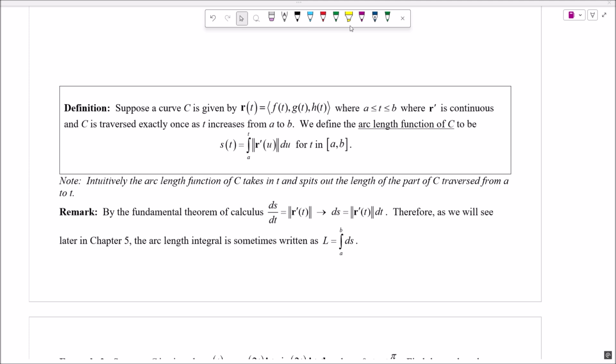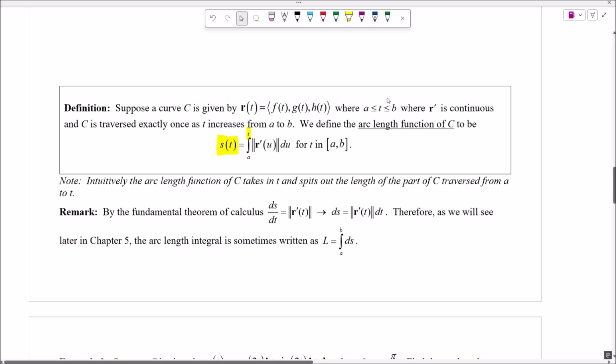So notice I am setting up a function here. It's a function called s. So s is the arc length function. Its variable is t. And notice where t appears inside of this formula. It's this upper bound on the integral.